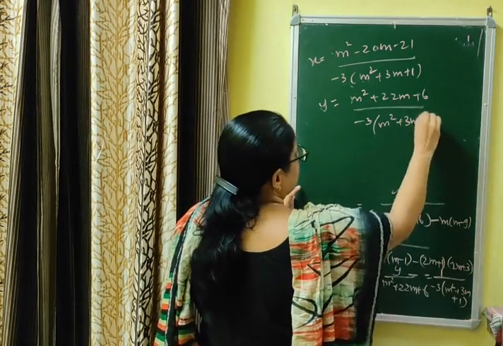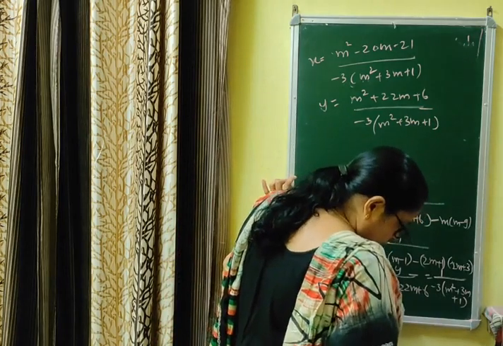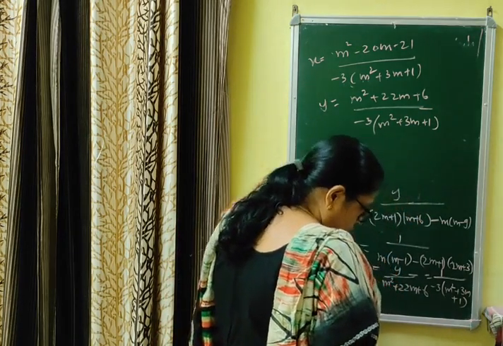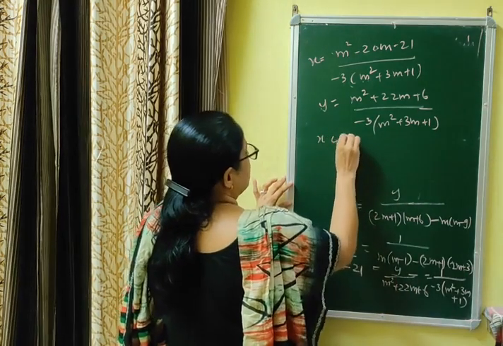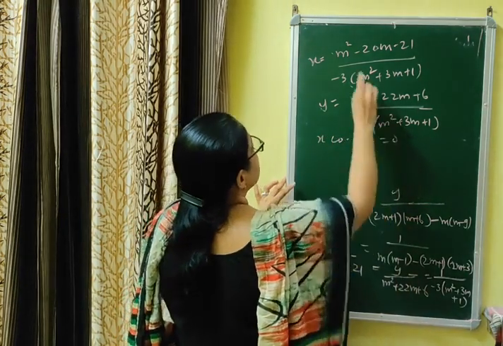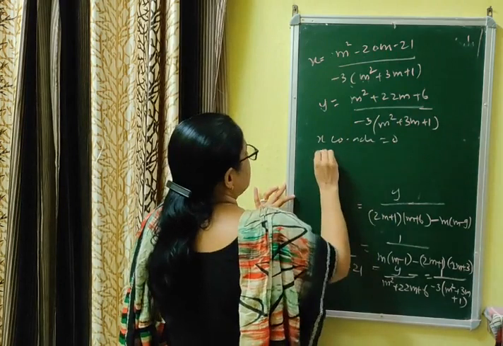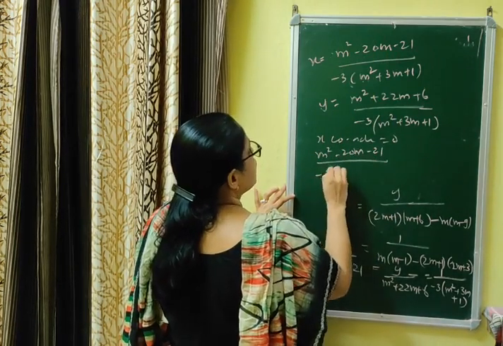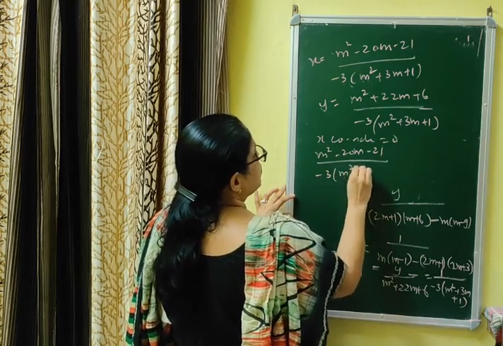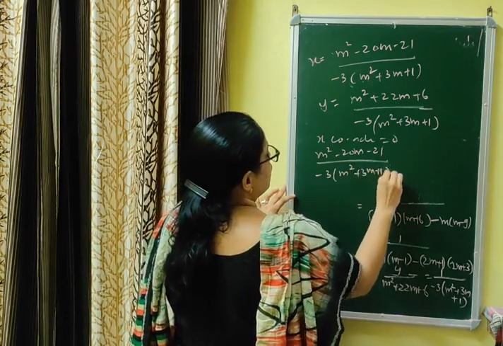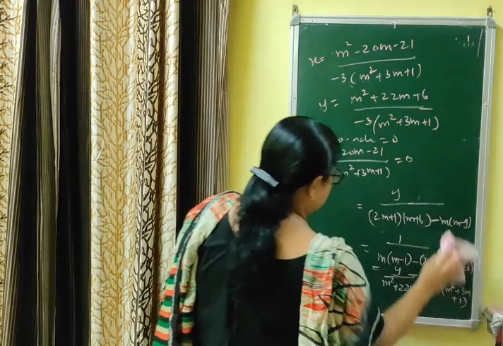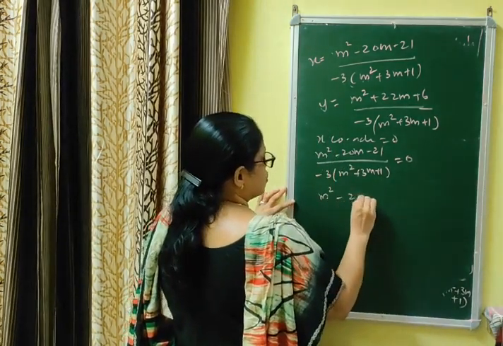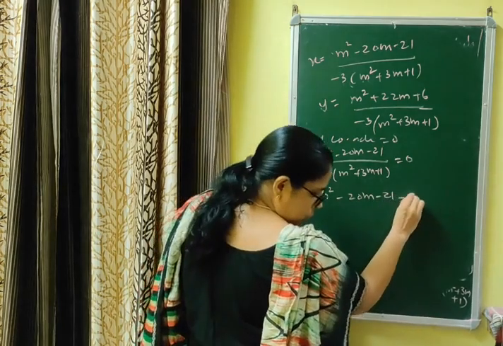Since the line intersects the y axis at a point, the x coordinate is equal to 0. That implies (m square minus 20m minus 21) upon minus 3 into (m square plus 3m plus 1) is equal to 0. That implies by cross multiplication we get m square minus 20m minus 21 equal to 0.